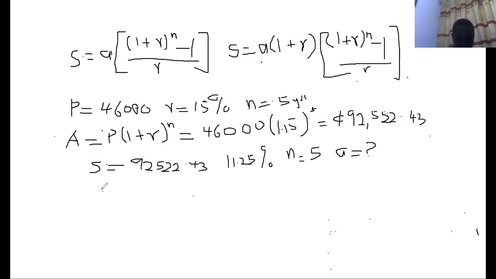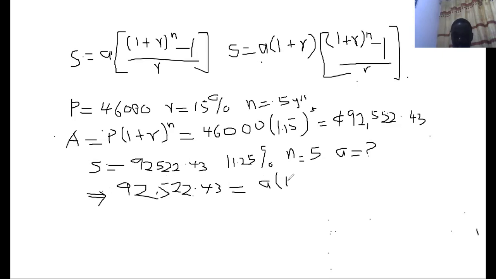So when you substitute and calculate, you're going to get 1.1125 raised to 5, divided by 0.1125. When you substitute for everything and calculate, you repeat your 92,522.43 equal to A, all multiplied by 15.1477.